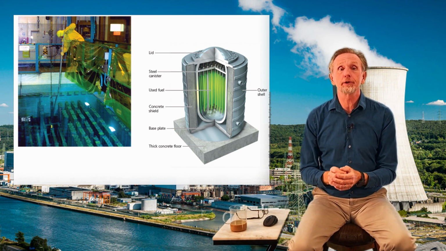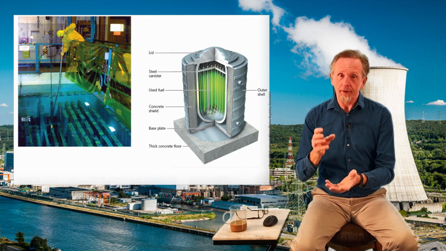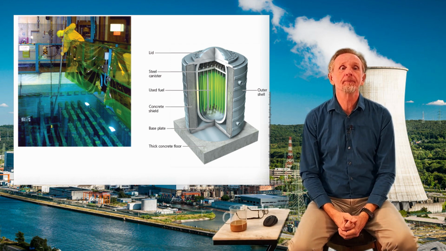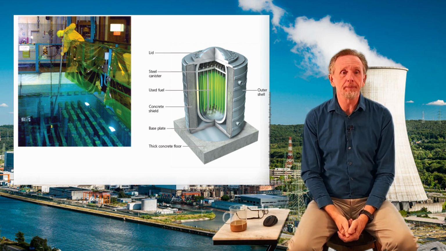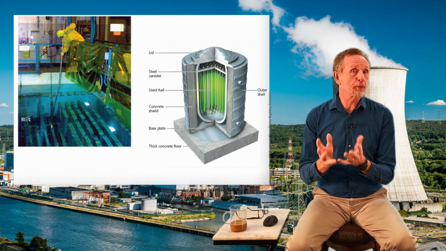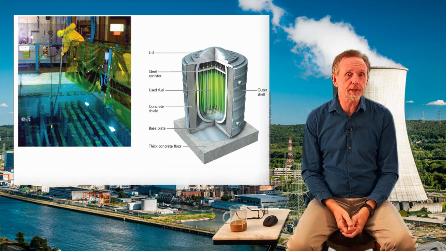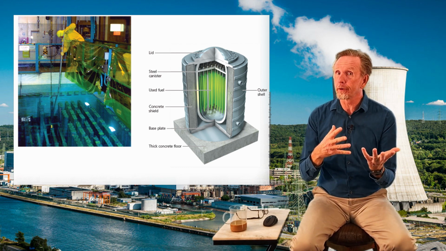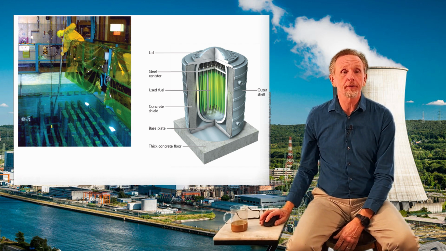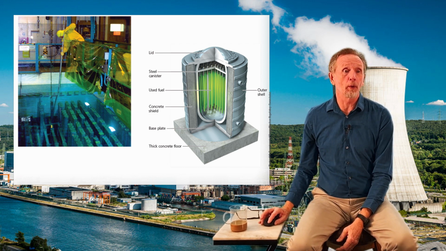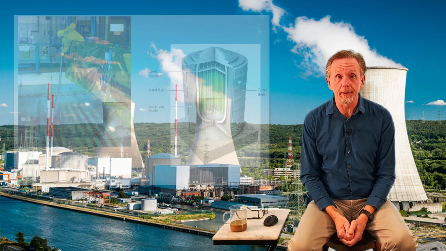Then we'll transfer it to a dry cask, something that's dry, encased in cement. And then it can be processed to remove any of the plutonium that may be in it. And the reprocessing reduces the storage time, once again, from about 200,000 years down to about 10,000. But it is very costly, and this is what produces our weapons grade plutonium.